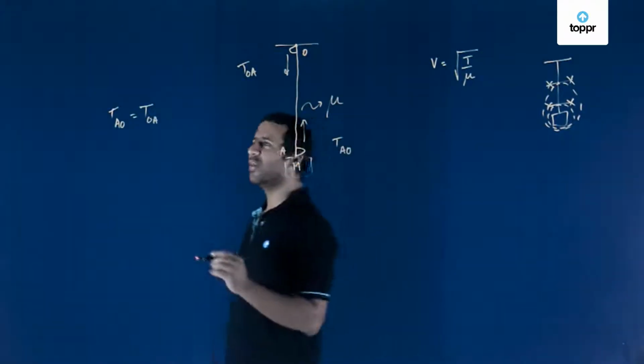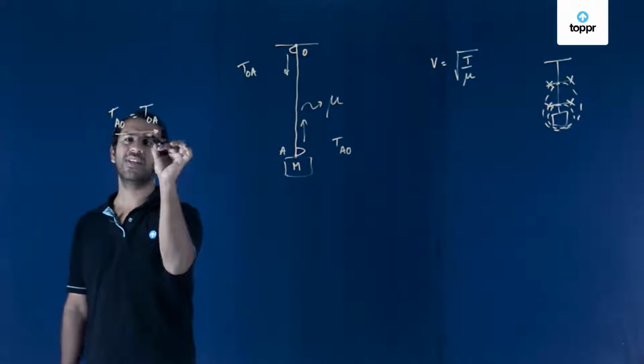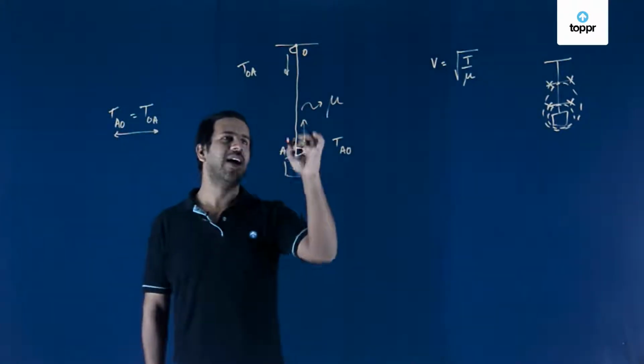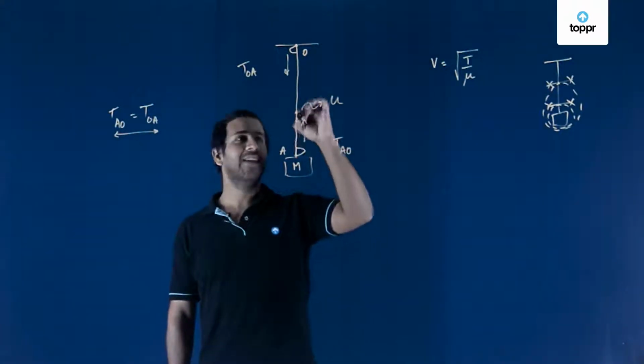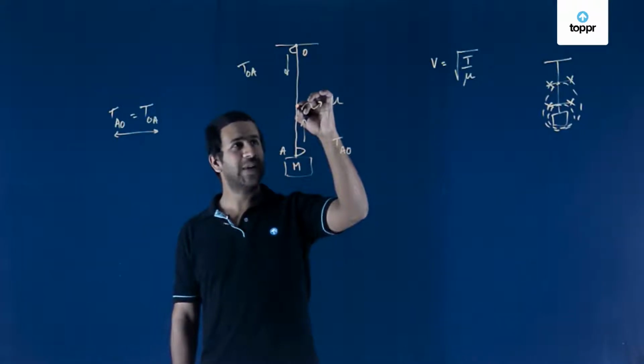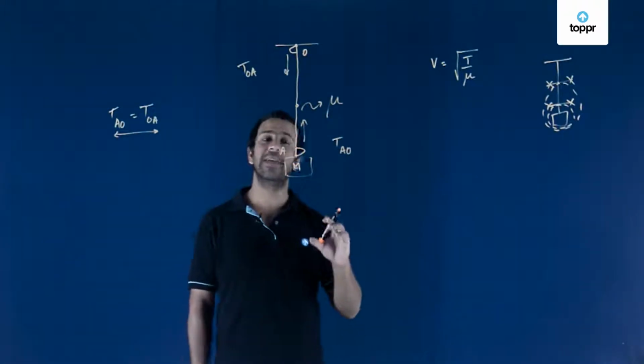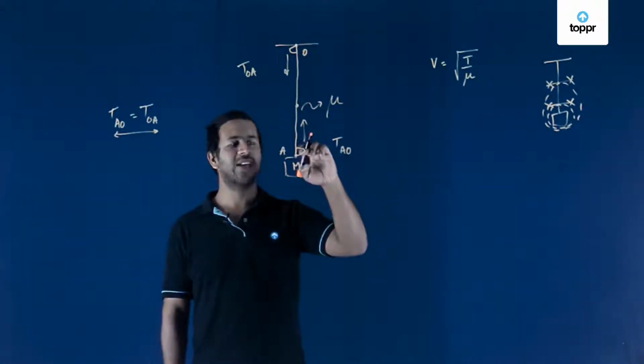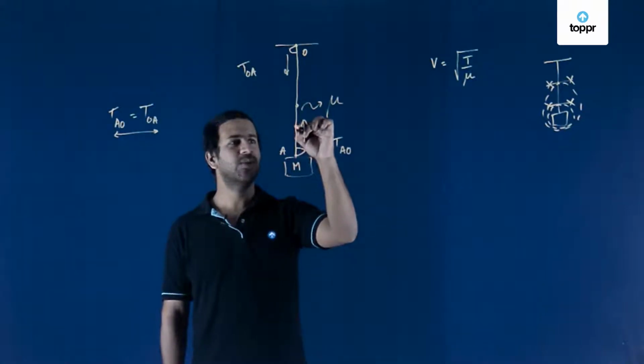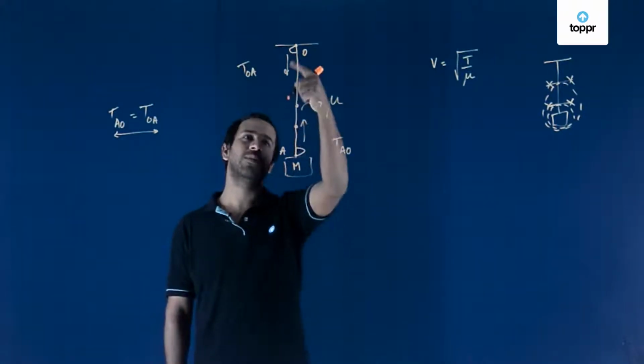But to answer this question, you don't even have to solve the equation. All you have to see is that the speed at any point is fixed. So the speed at this point will be the same for this wave as well as this wave. Similarly, speed will be the same at every point for both the waves.